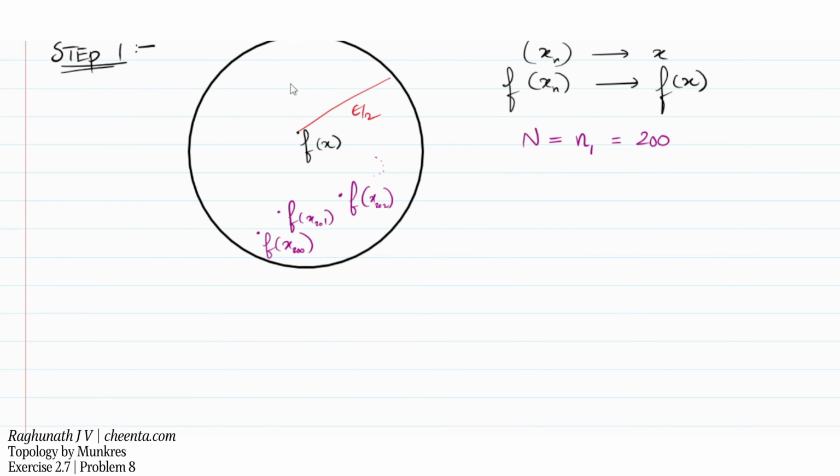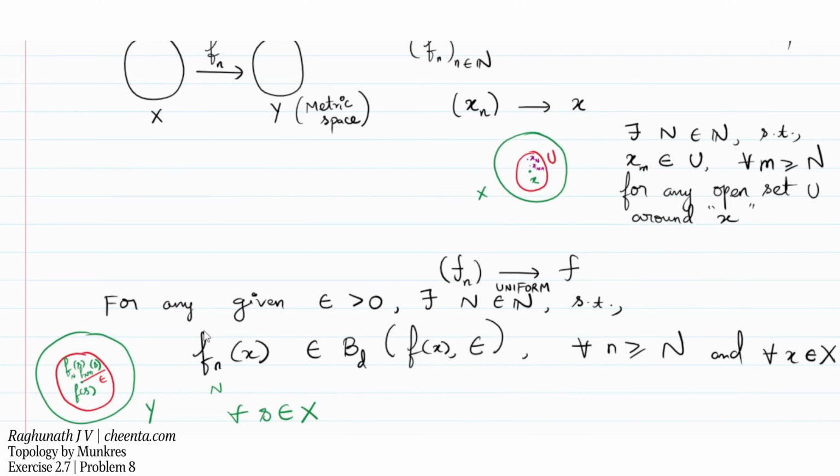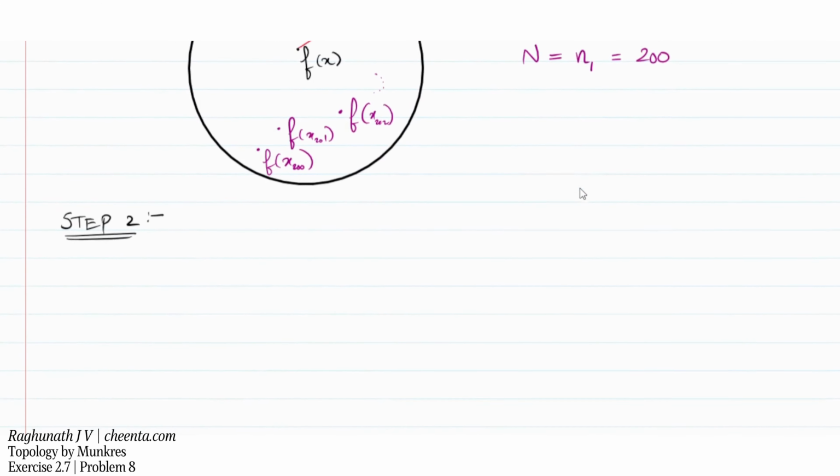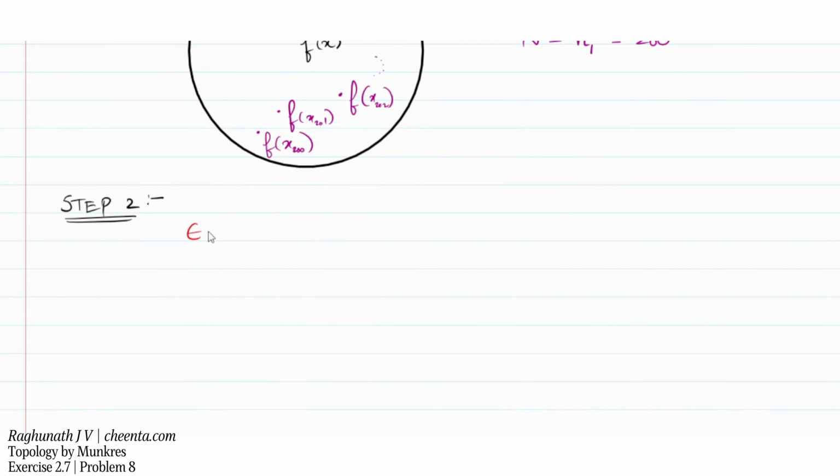Okay. Now, coming to the uniform convergence of fn, where can I use that? That is my step 2. Let's go back to the definition of uniform convergence. Given epsilon greater than 0, there exists an n such that for any x, the open ball will contain all fn values for n greater than that. So given epsilon by 2, which is obviously greater than 0, again there exists n.